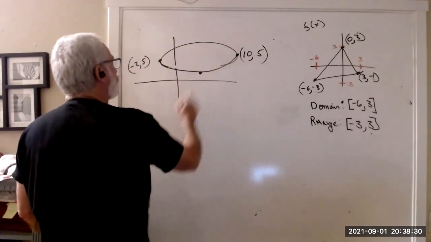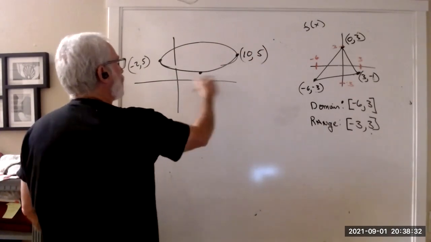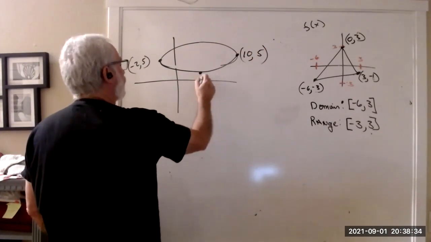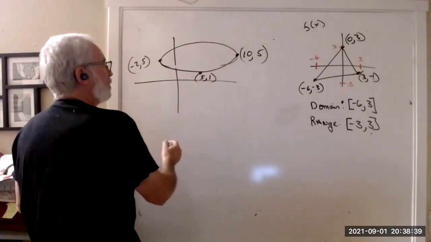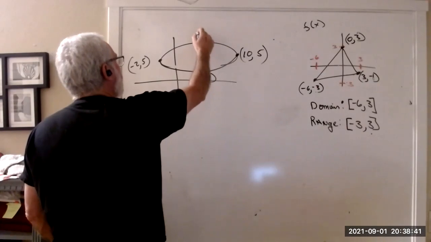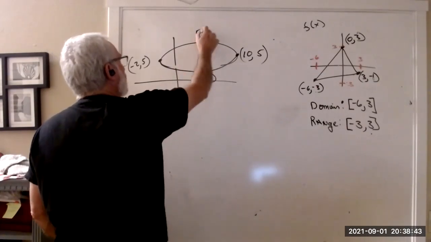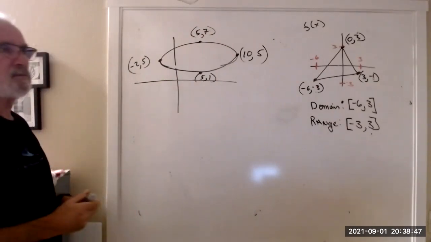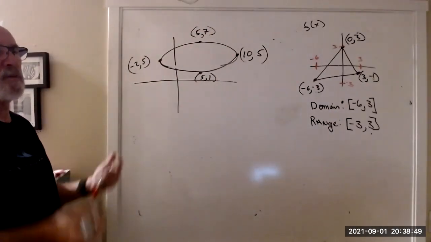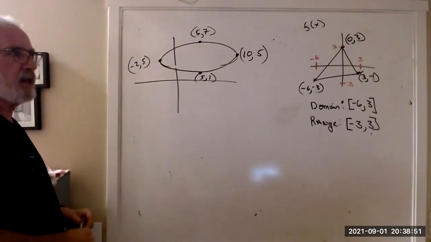And this point, which is the lowest point, looks like, I don't know, 5, 1. I'm making this up, guys. And this point up here looks like 5, 7. Okay, it's an ellipse, a football, an oval, whatever you want to call it.